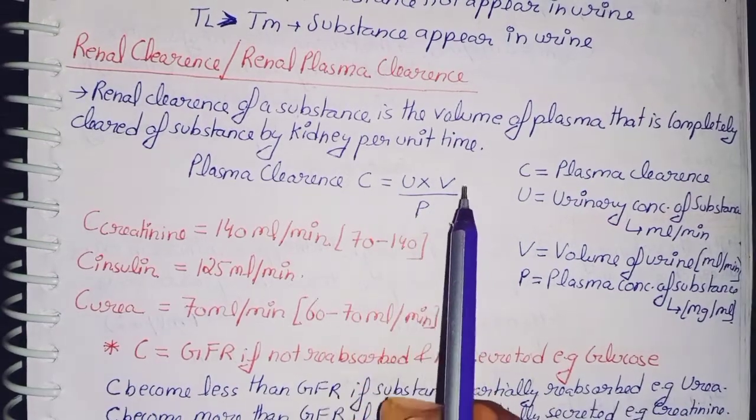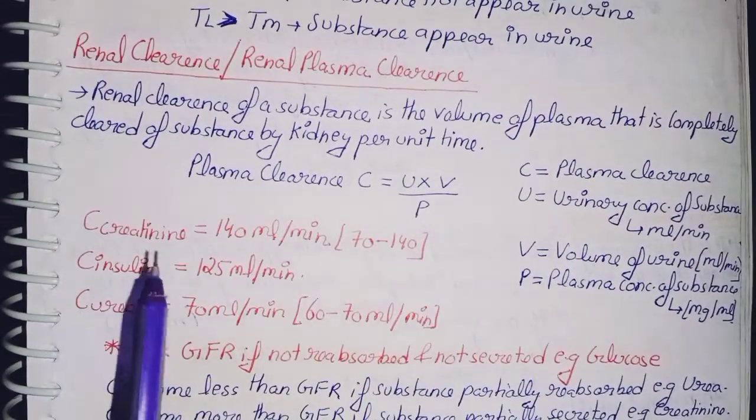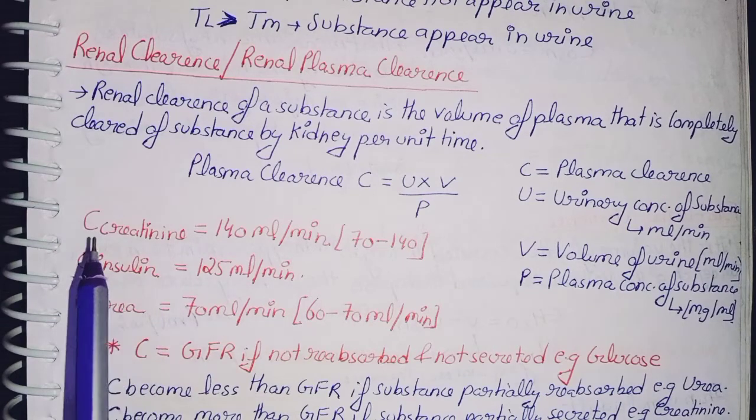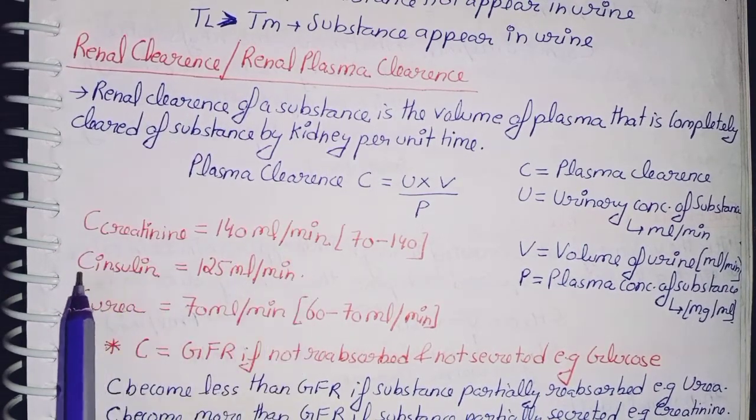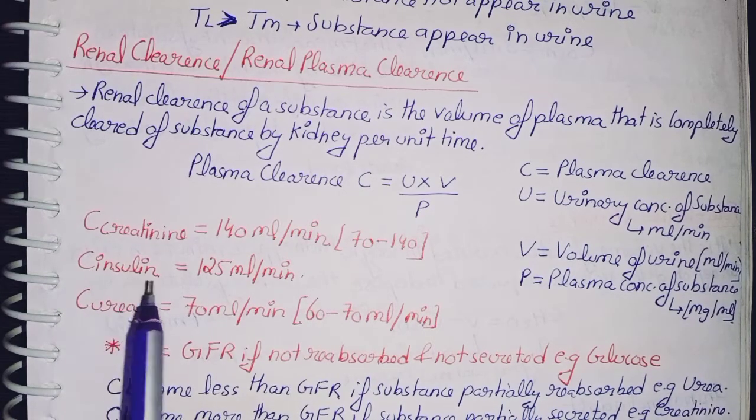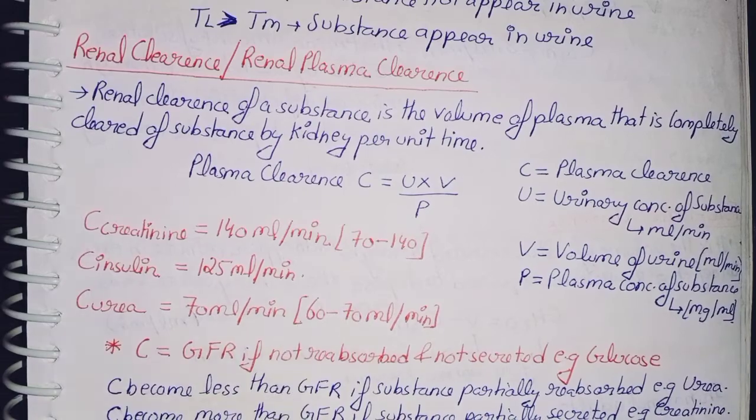You can see the renal clearance of creatinine is 140 ml per minute, renal clearance of inulin is 125 ml per minute, and urea is 70 ml per minute.